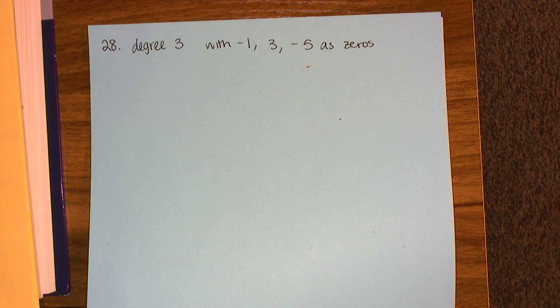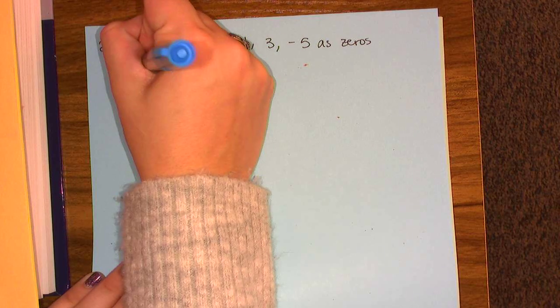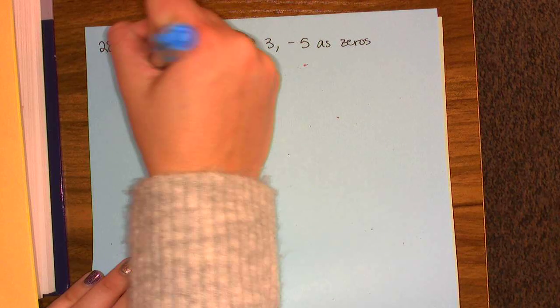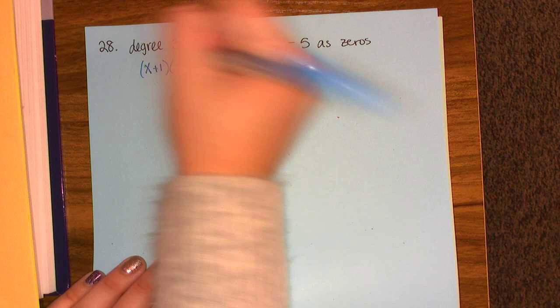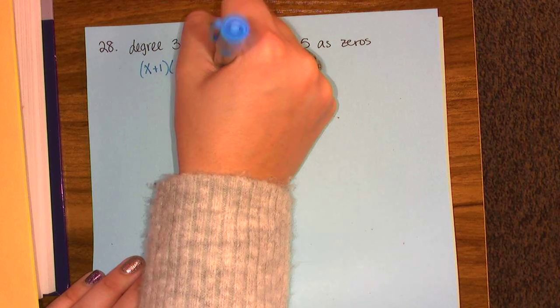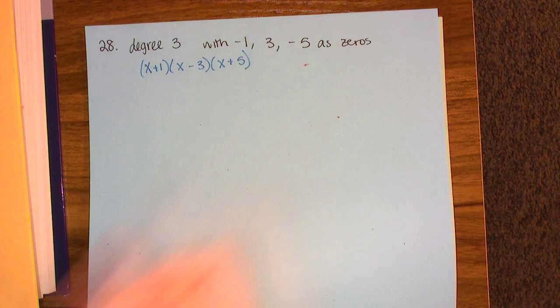Let's see if we remember that first of all. Yeah, so I would set it up as x plus 1 times x minus 3 times x plus 5. And I need to multiply this stuff together. So multiplying the first two, what do I get?